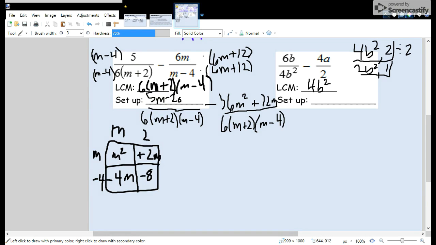From there, we're going to multiply by our complements. Okay, you have 2b squared. Once you get that, go ahead and multiply those out to get this.